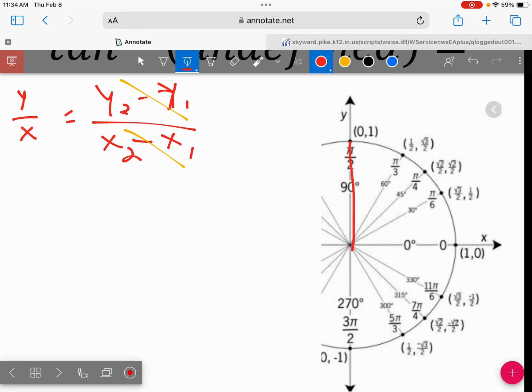What's the slope of a vertical line? Anybody? Why don't you think about it?